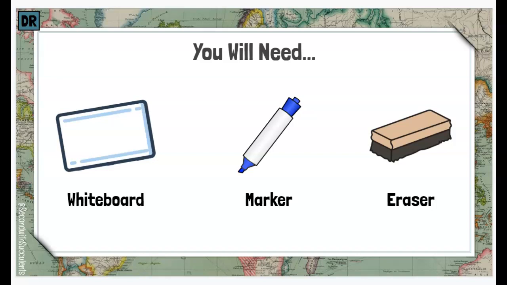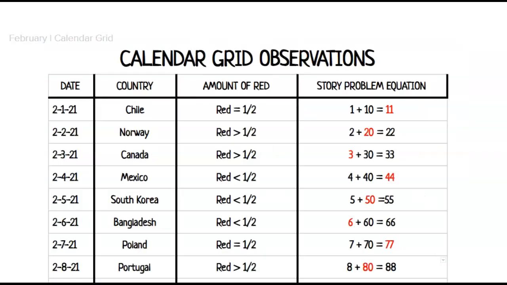Okay, before we start to work on our story problems for today, I want to have a look at our calendar grid observations and think about some of the things you shared that you had noticed. The last time we worked on our story problems, I asked you to share some observations that you made about our story problem equations.